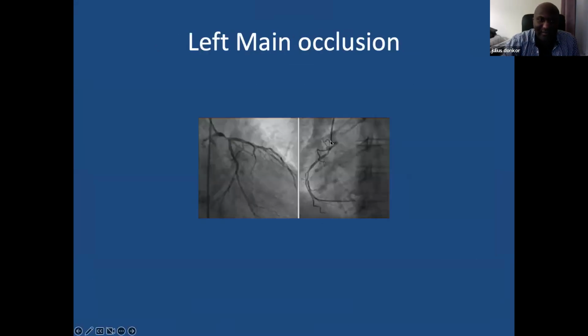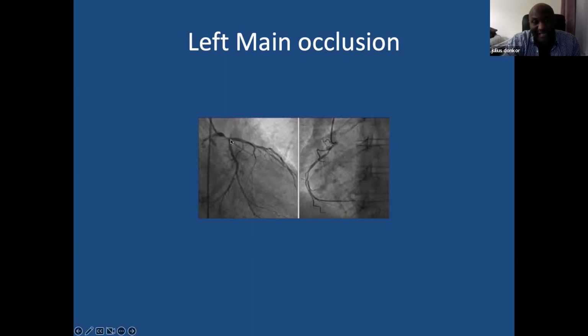So you have your LAD, and these are the septal branches of your LAD, and your diagonal will be coming off on the left side, stretching. Most people have either 2 or 3 diagonal branches.